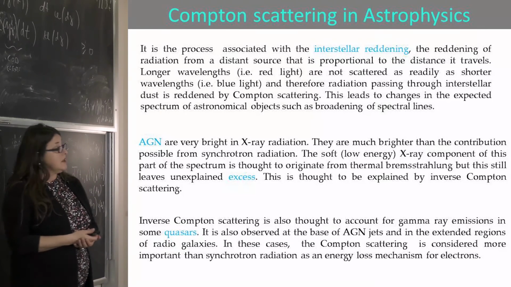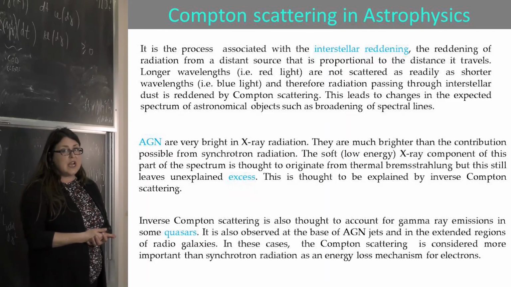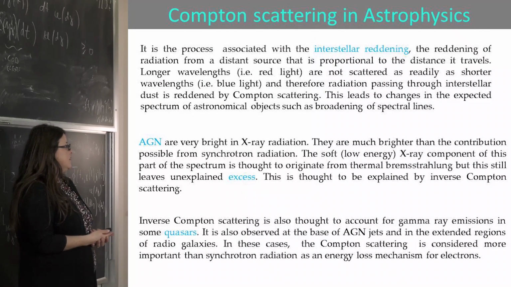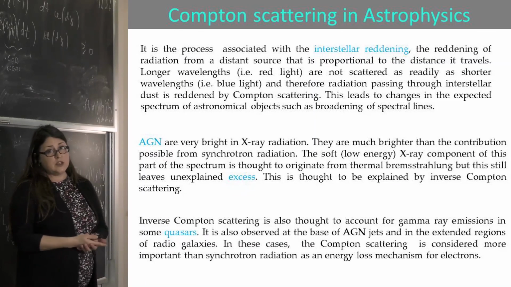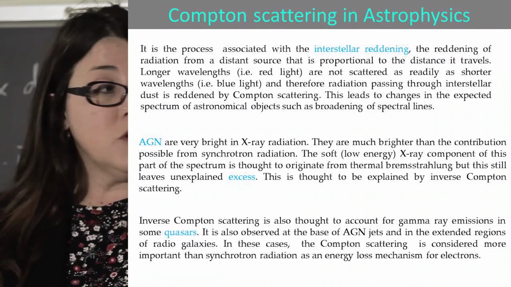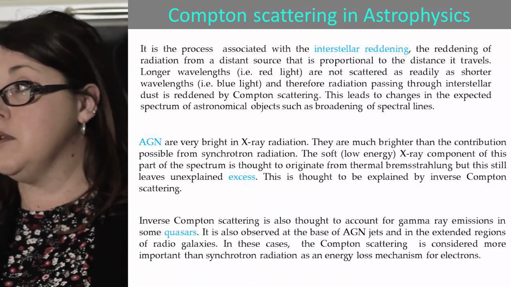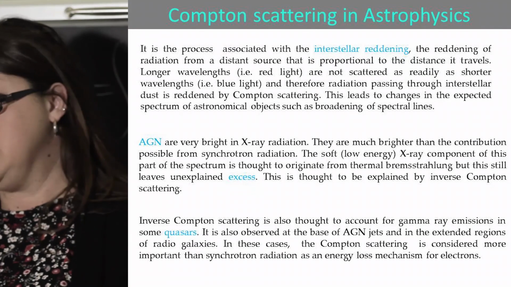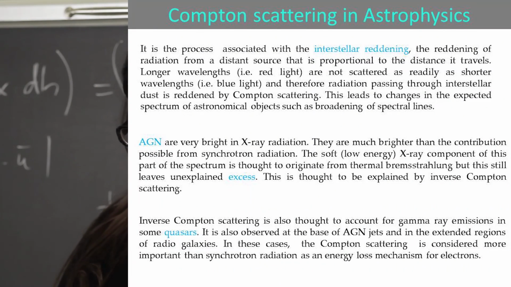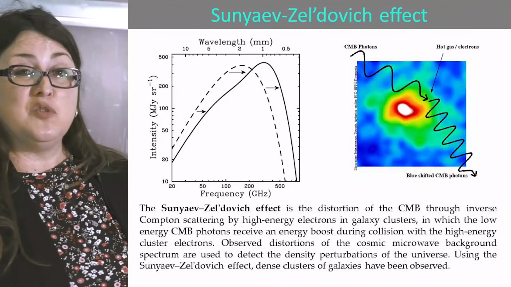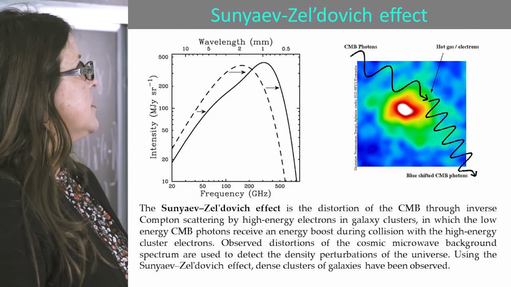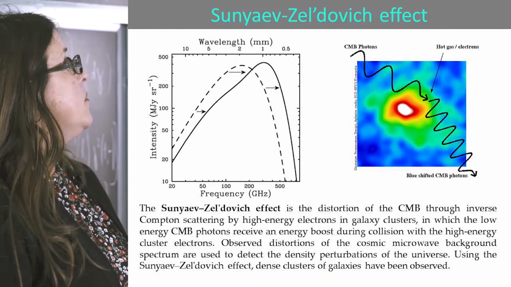Inverse Compton scattering is also thought to account for the gamma ray emission in some quasars. It is observed in the jets and in the extended regions of radio galaxies. And in these cases, the Compton scattering is considered more important than synchrotron radiation as an energy loss mechanism for electrons.